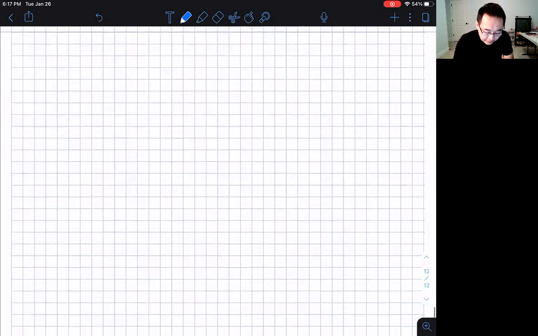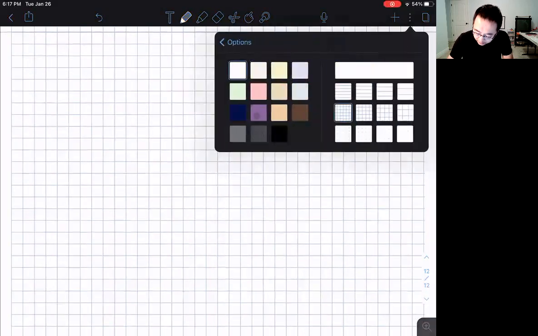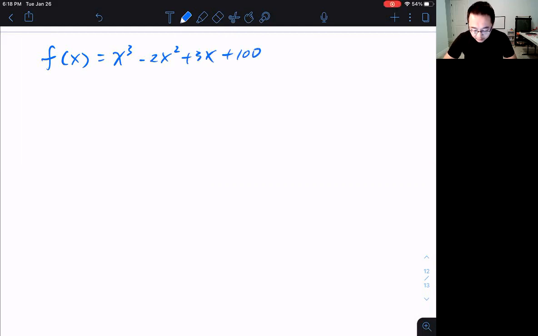So let's say we have a function that says, let's get rid of the lines for now, since we're not drawing any graphs. So we say we have f of x equals x cubed minus 2x squared plus 3x plus 100. So again, this is a function because it tells you this rule of how x and y, which is denoted by f of x, match each other, right?